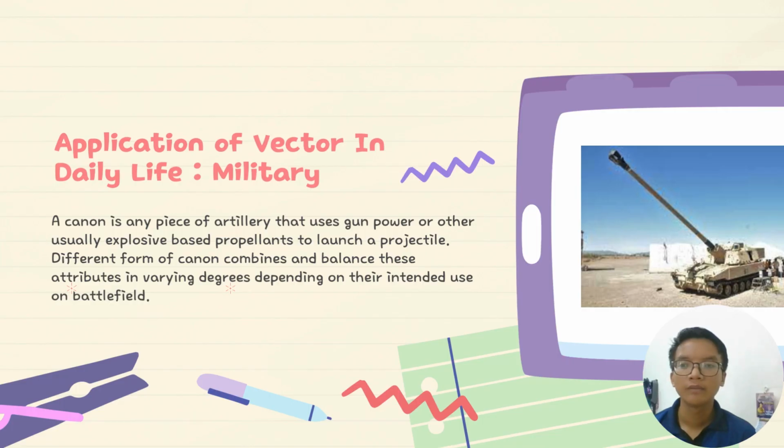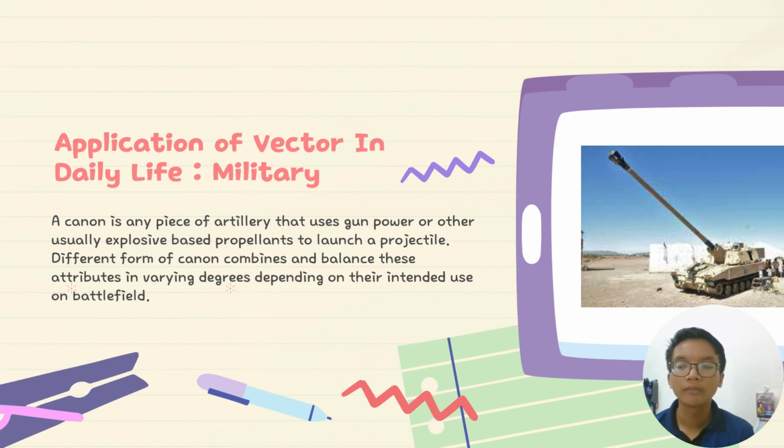Just now we looked at an example related to our daily life, and now we are going to look at another application of vector in daily life. This slide is about military and vector. A cannon is any piece of artillery that uses gunpowder or other usually explosive-based propellants to launch a projectile.